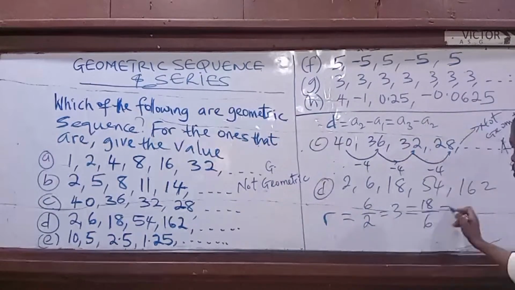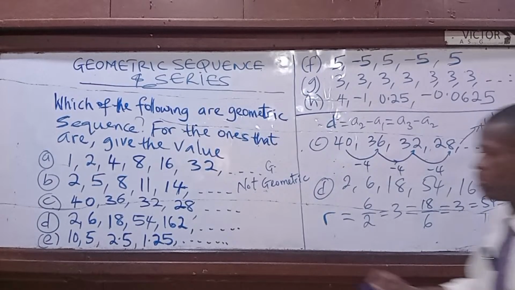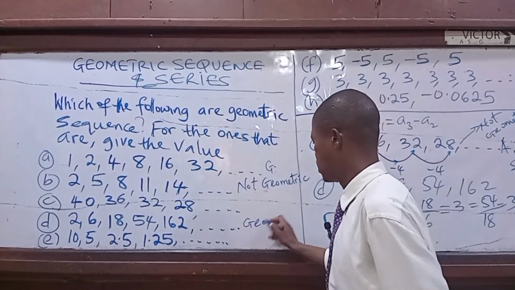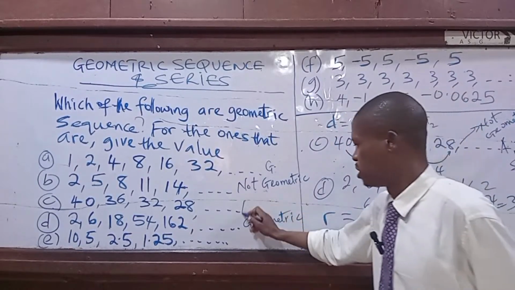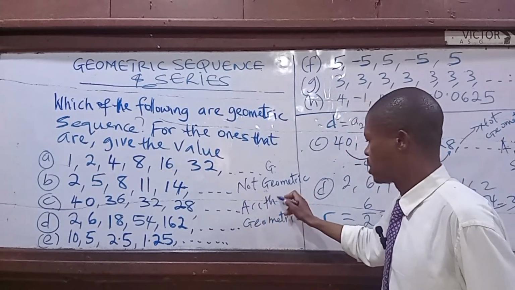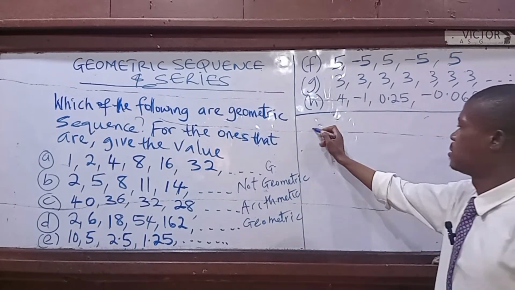This must also equal the fourth term over the third term, also 3. So the D part is geometric. This one is arithmetic.